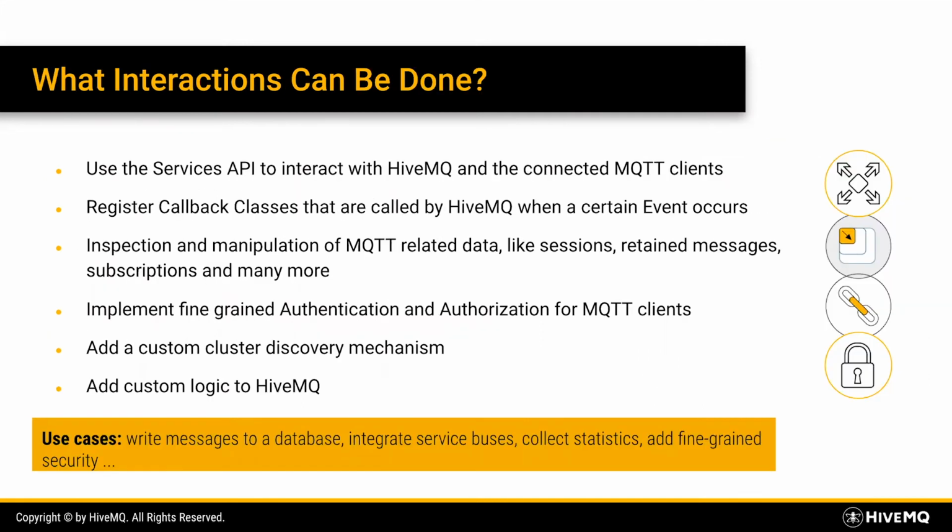So what interactions can be done with our HiveMQ message broker? You can use a service API to interact with HiveMQ and the connected MQTT clients. You can also use callbacks that are registered and called by HiveMQ when a certain event occurs. You can do inspection and manipulate MQTT data, for example, the payload, but also related data like sessions, retained messages, subscriptions, and many more.